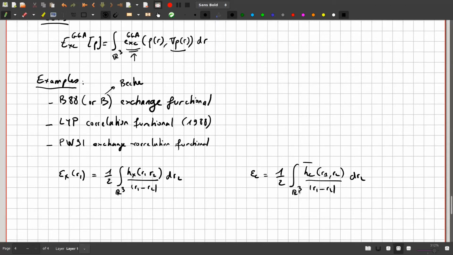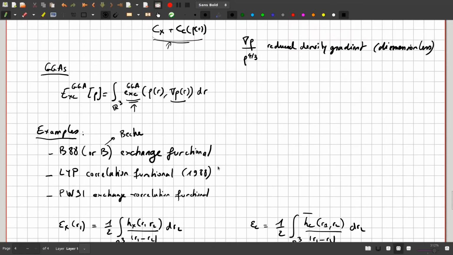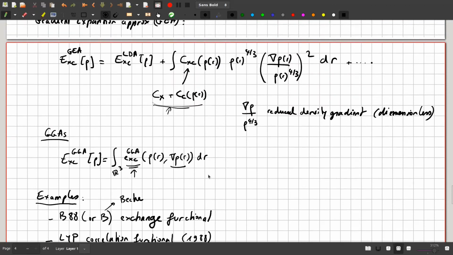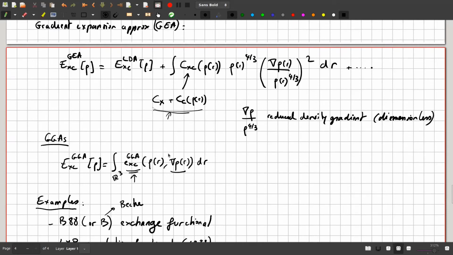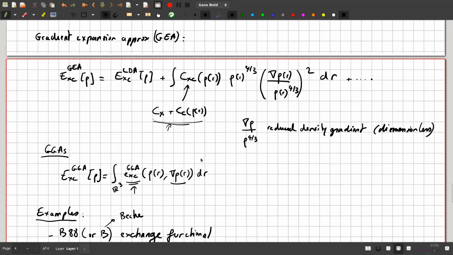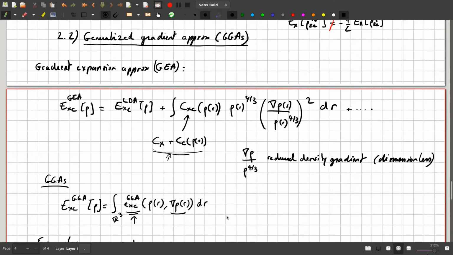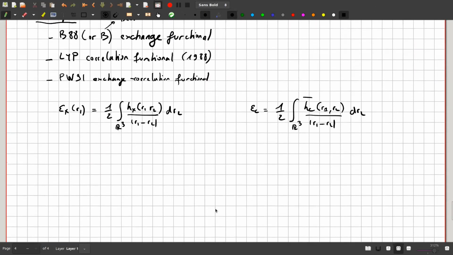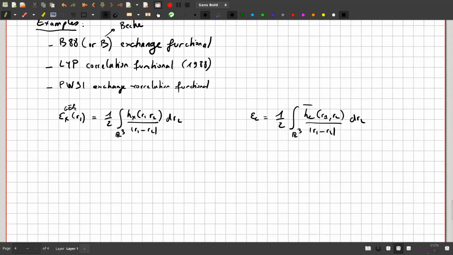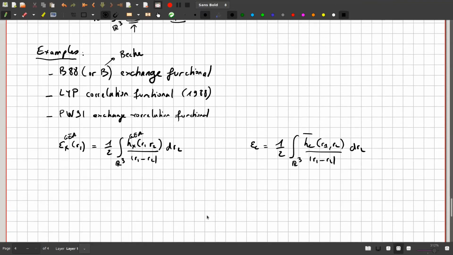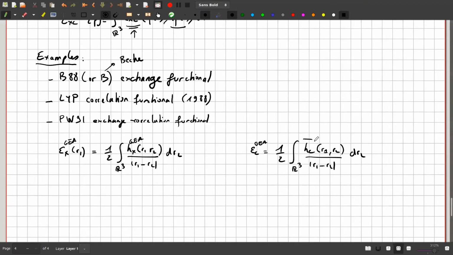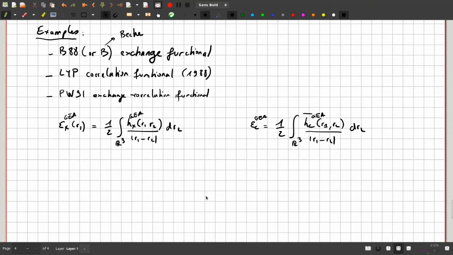Now, what you can have is, if you start from the second order generalized gradient expansion approximation, using this expression, you can derive the corresponding exchange and correlation holes. And so you can find the GEA here, in terms of the corresponding GEA holes.